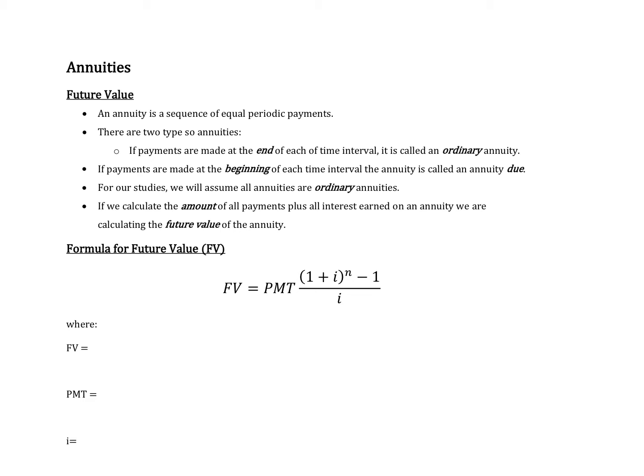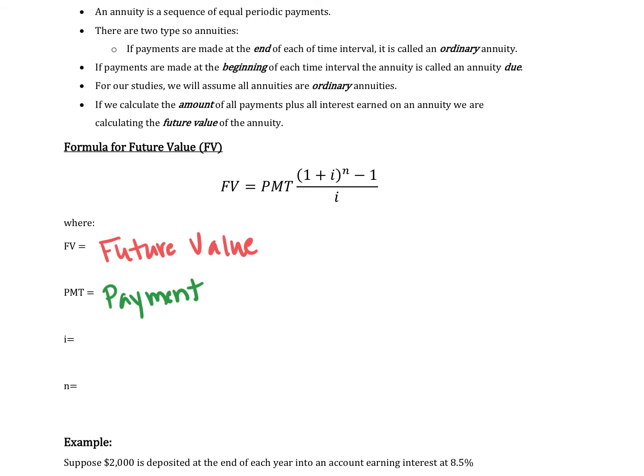So defining these variables again, FV stands for future value. PMT stands for the actual payments that you're making. I is what we call our periodic rate.